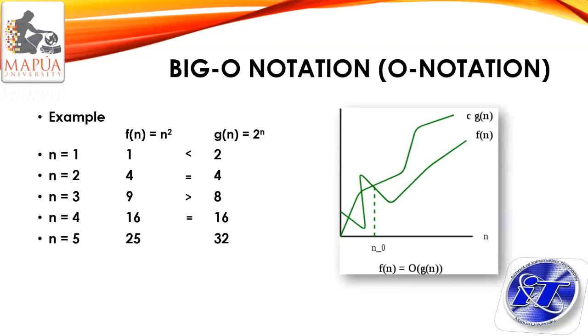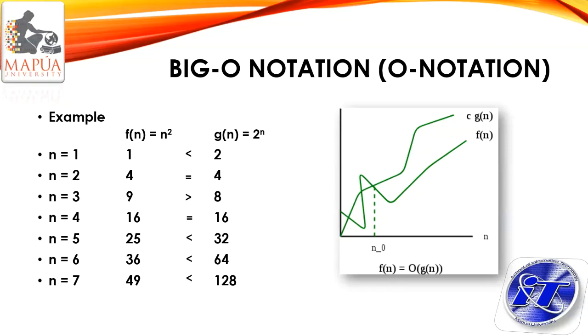N is equal to 5. 2 raised to n is now bigger. So can we consider that n squared is big O notation of 2 raised to n? Let's check again for the next value. Again, 2 raised to n is bigger, and it is still bigger for 7. So therefore, if the value n is less than or equal to 4, they are equal.